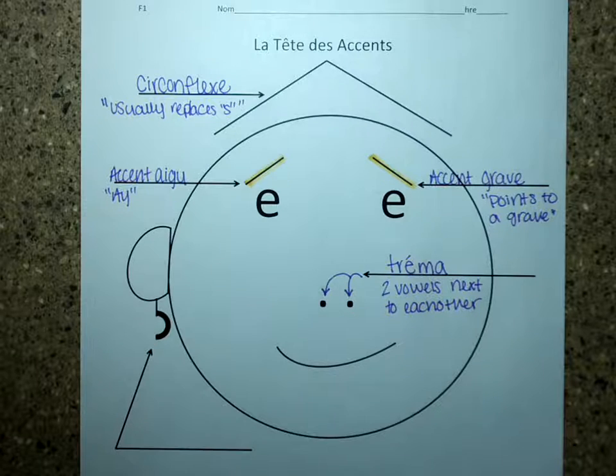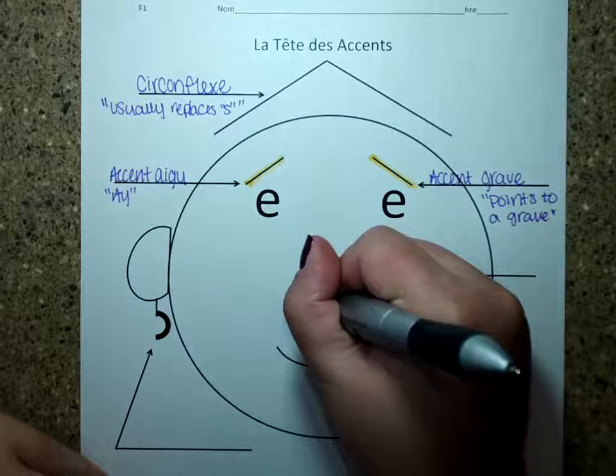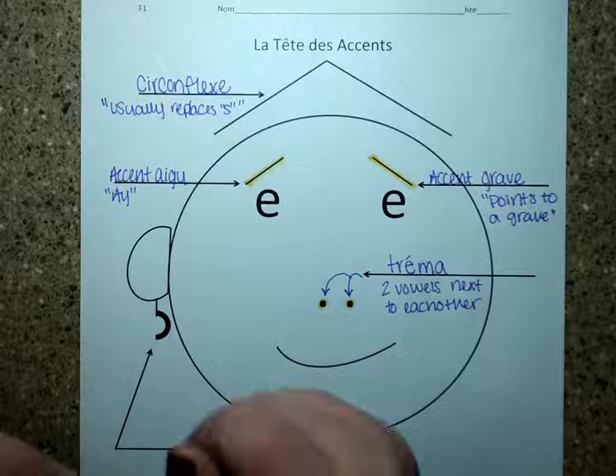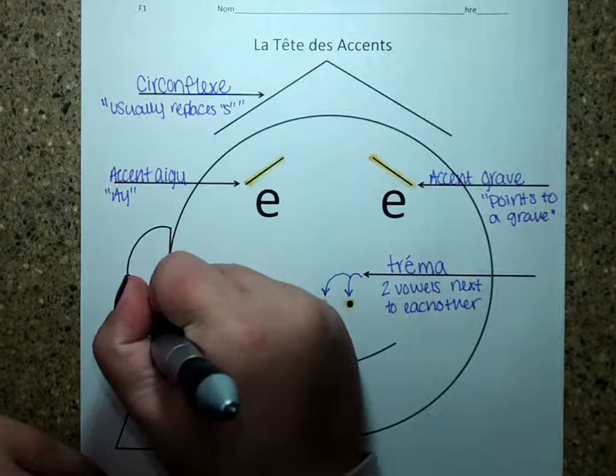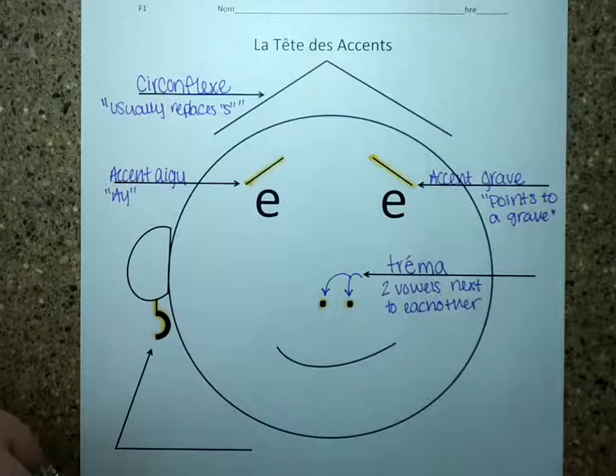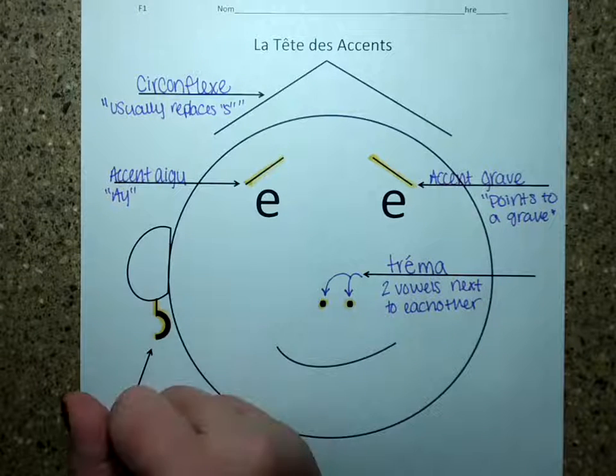The last one that we have is the cédille. So I'm going to highlight where my accents are. But the last one is the cédille, and that's this one over here. That's the one that looks like the second half of a 5.